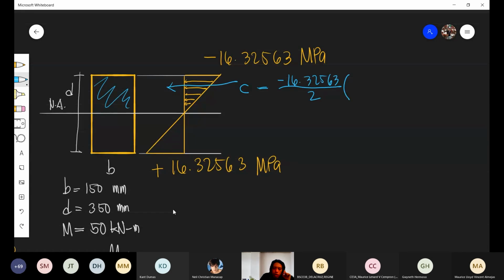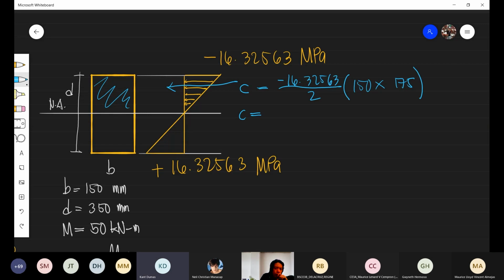So 150 times 175, that's the area. So your C is therefore equal to negative 214,273.